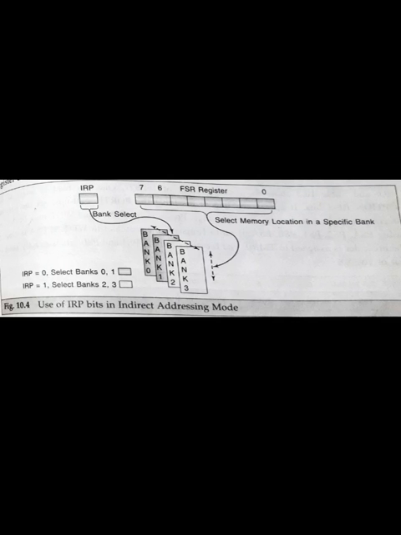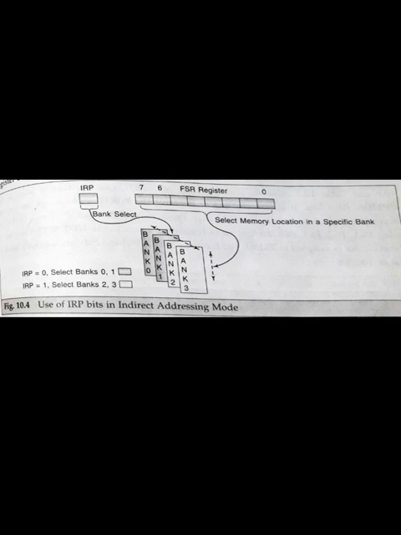And if we are using indirect addressing mode, in that case only one bit is available for the selection of the register bank, that is the IRP bit. If the IRP bit is 0, in that case the first two banks, bank 1 and bank 0, will be selected.